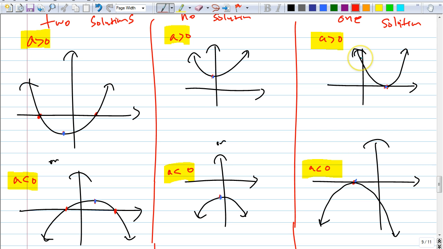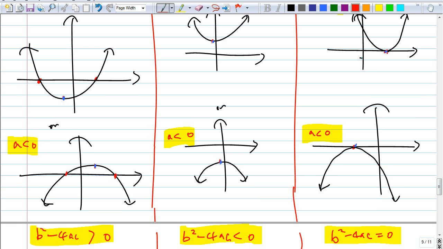What about one solution? When the discriminant is 0. So I wrote it down right here. You might want to write that down. Instead of saying positive, I said greater than 0. Instead of saying negative, I wrote down less than 0, and then, of course, equal to 0. So we could now be a little bit more specific. When does this happen? Well, you could just look at the discriminant, and you could tell.